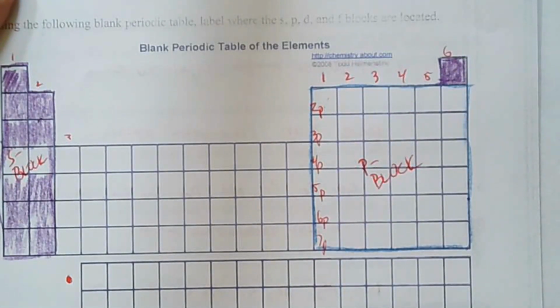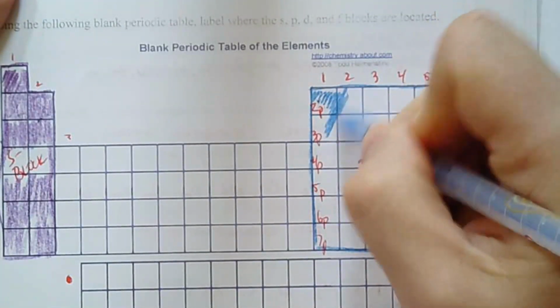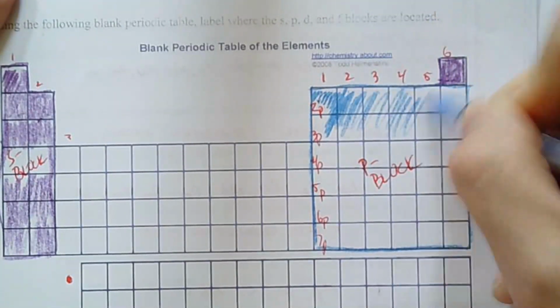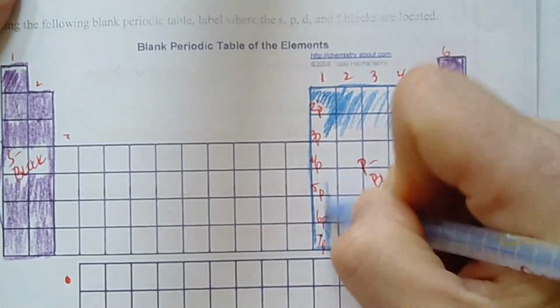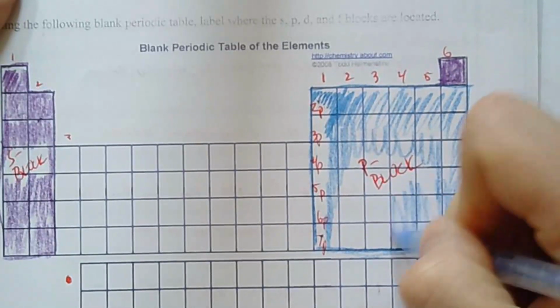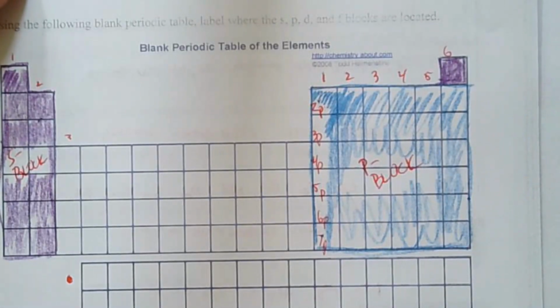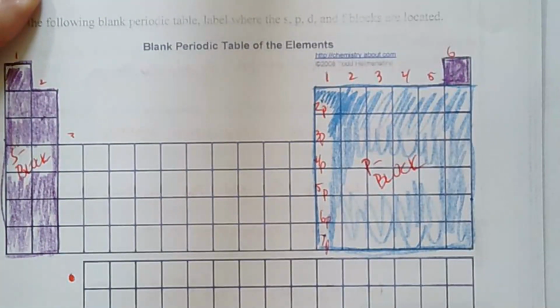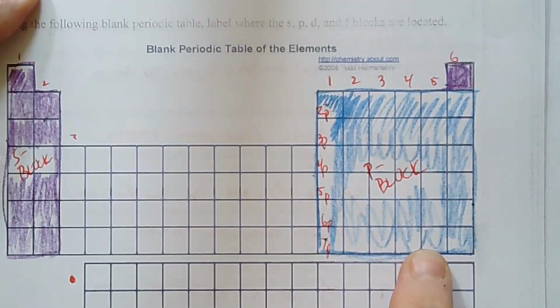So we'll just color this blue. I don't think anyone can color as well as I can. So again, everything in this column ends in a P1, in the second column P2, P3, P4, P5, and finally P6.